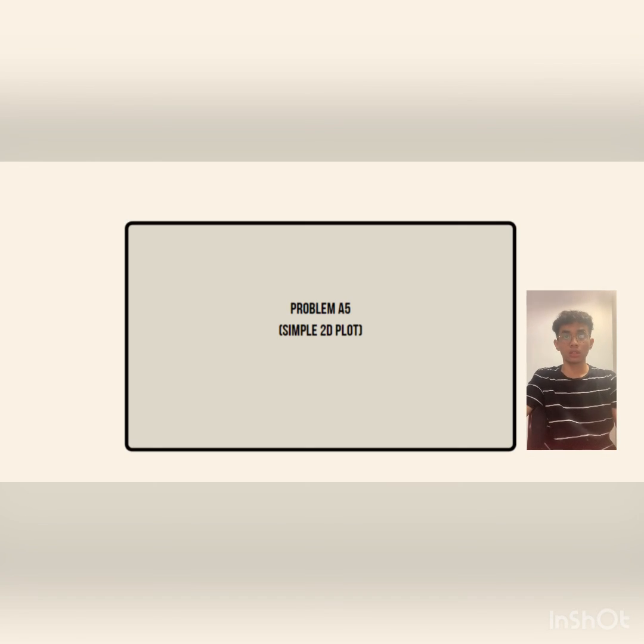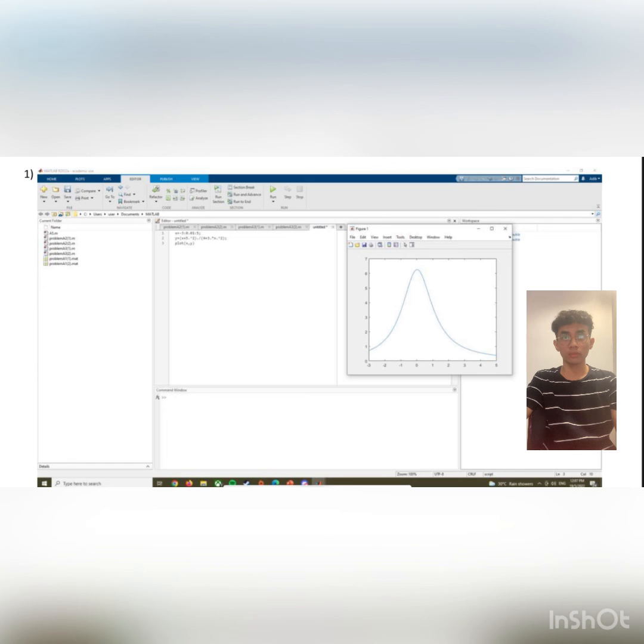For the last question of problem A5, which is simple to deploy. Question first, we need to plot the graph using this method. First, the variable of x is given 3 until 5. I put 0.01 to make the graph easy to read.